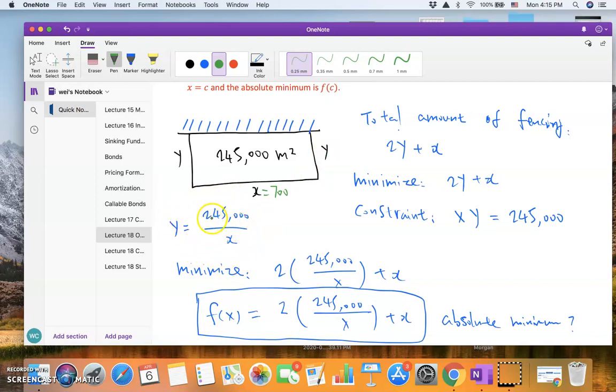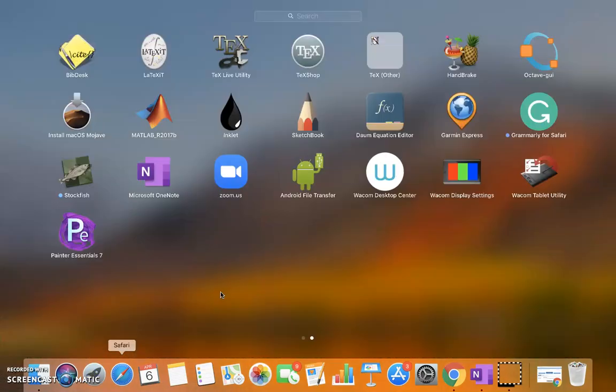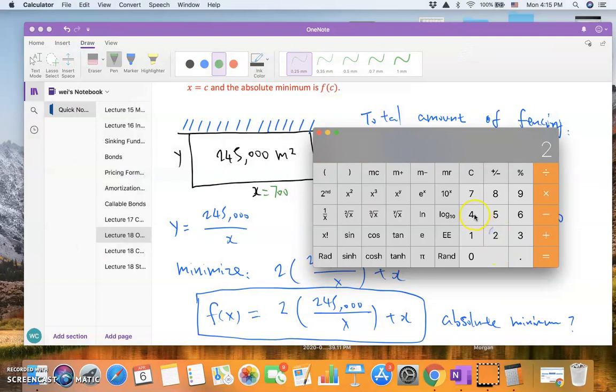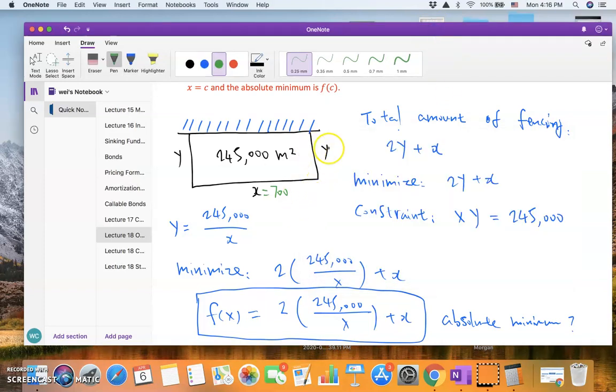So y is going to be 245,000 over 700. So therefore, when we choose x to be 700 and y to be 350, the amount of fencing is going to be the minimum.